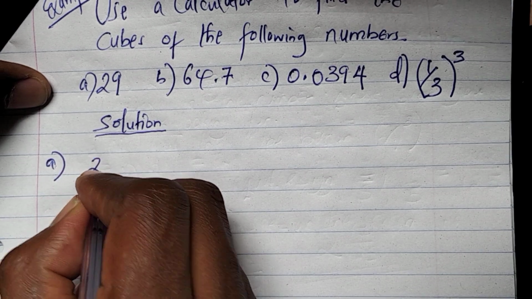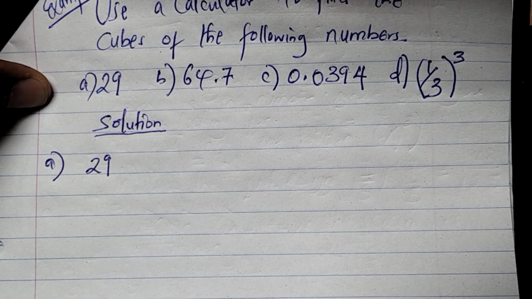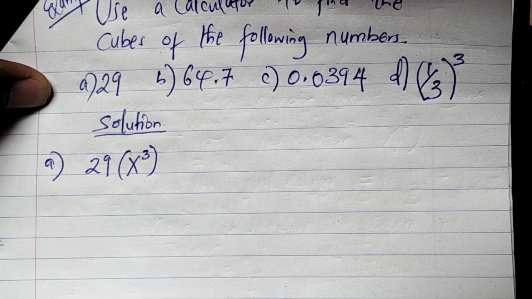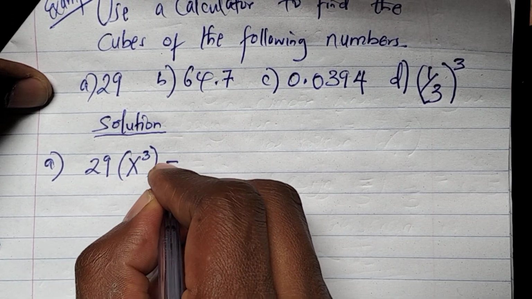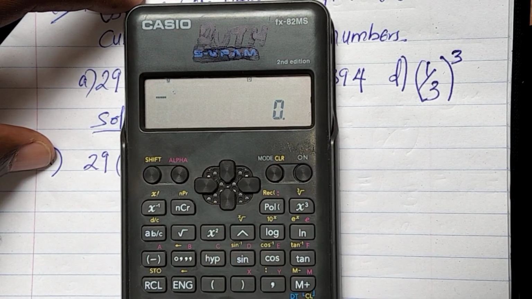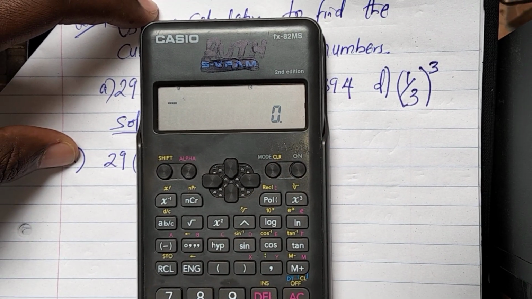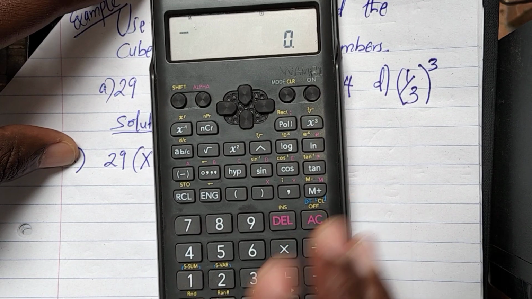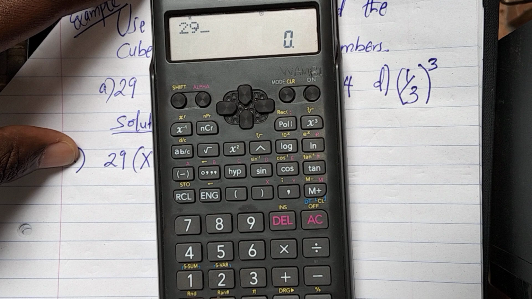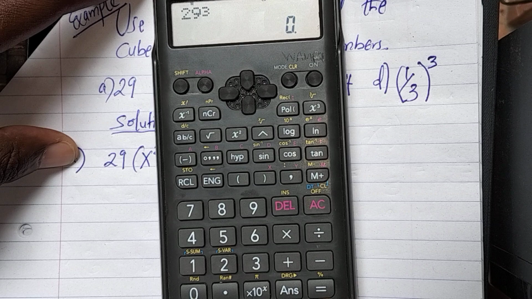Let's go step by step. We key in 29, then we press cubic, and then we press is equals. It gives us 24,389 as our answer.